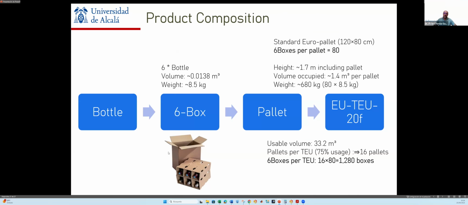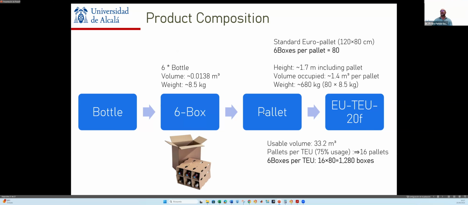Now, one of the most important things when you face simulation is to understand what your product unit is, because customers are buying bottles, but the bottles are served in 6-bottle boxes, and these boxes are grouped in pallets.